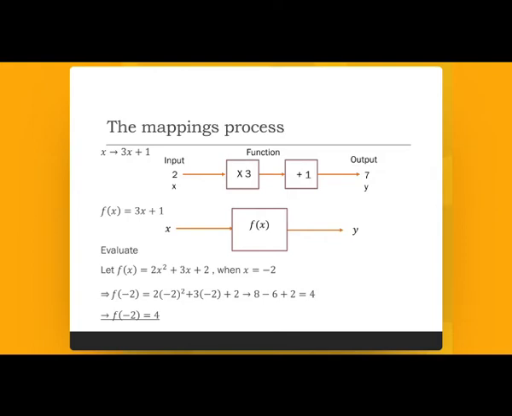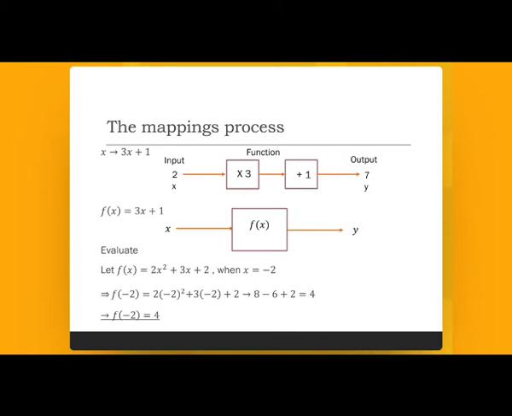I recommend you present your answers as shown. Start by writing f of minus 2 by replacing x with the value minus 2 in the function, surrounded with brackets, which means you will write down f open brackets minus 2 close brackets equals 2 open brackets minus 2 close brackets squared plus 3 open brackets minus 2 close brackets plus 2.